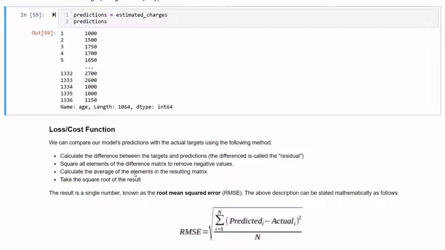We can compare our model's predictions with the actual targets using the following method. We calculate the difference between the targets and predictions, and square the elements of the difference matrix to remove the negative values. As there are a number of data points, 1336, how can we calculate the loss and cost function?